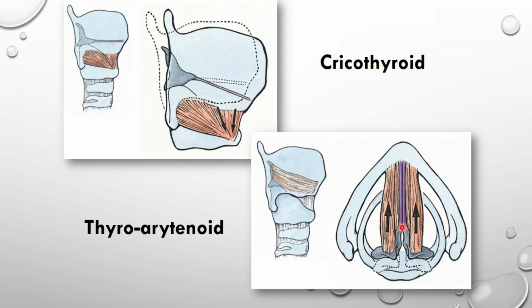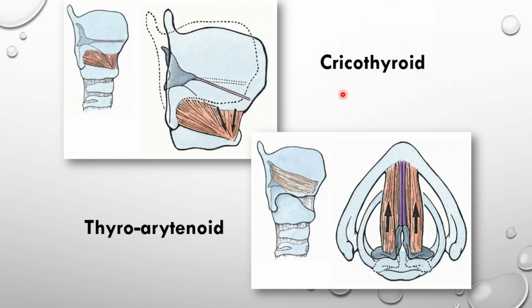And actually all the other muscles that I'm going to talk about now are supplied by the recurrent laryngeal nerve. So all the intrinsic muscles of your larynx are supplied by the recurrent laryngeal nerve, or the recurrent laryngeal branch of the vagus nerve, except cricothyroid, which is supplied by the external laryngeal nerve.